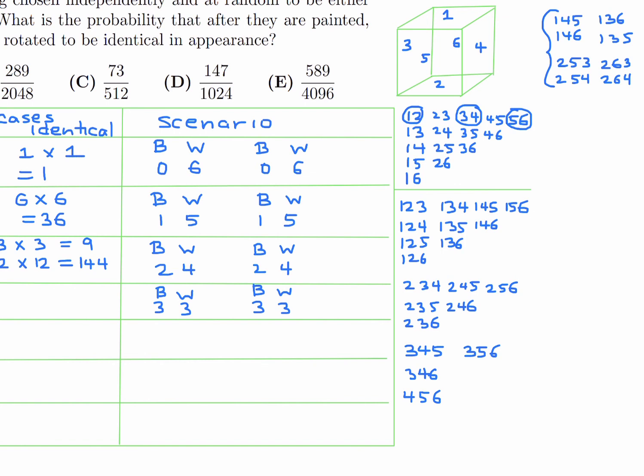And there's going to be 12 of those. So 1, 4, 2, 4, 2, 3, 2, 3, 1, and then 3, 1, 4. I just went all the way around like that.